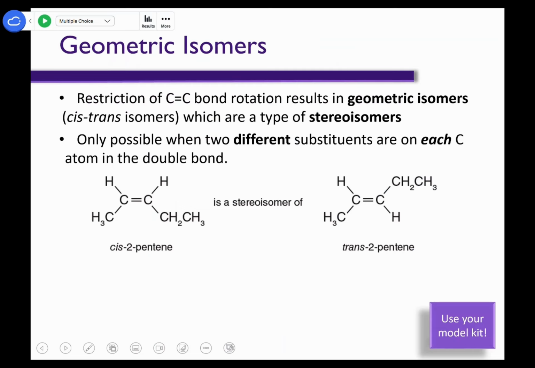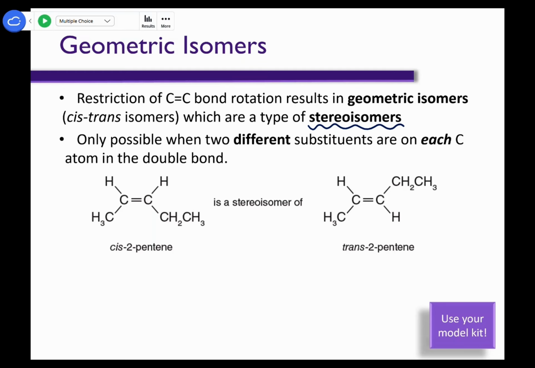This is a type of stereoisomerism. We know isomers have the same molecular formula, but they're different somehow. Constitutional isomers are different because of their connectivity. Stereoisomers have the same connectivity. It's the same order of connection, but a different arrangement in three-dimensional space.